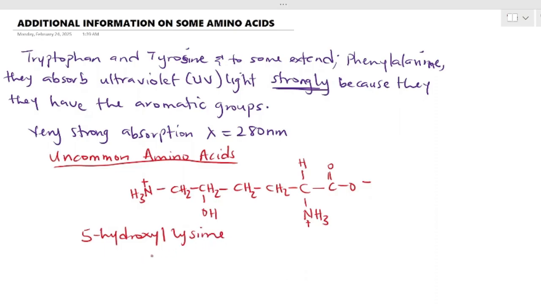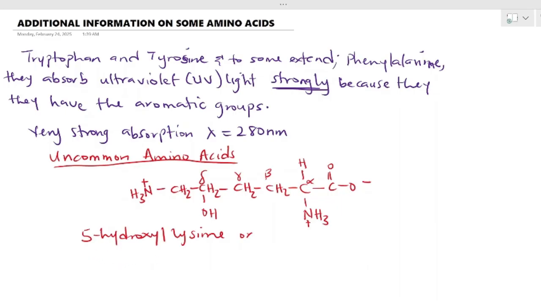It can also be named, remember that this carbon right here is referred to as the alpha carbon, and of course this carbon is the beta, and this carbon is the gamma, and this carbon right here is the delta. So this can also be named gamma-hydroxylysine.